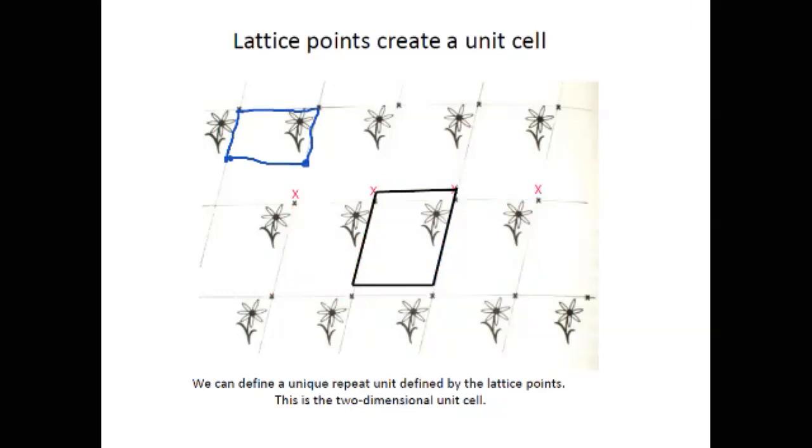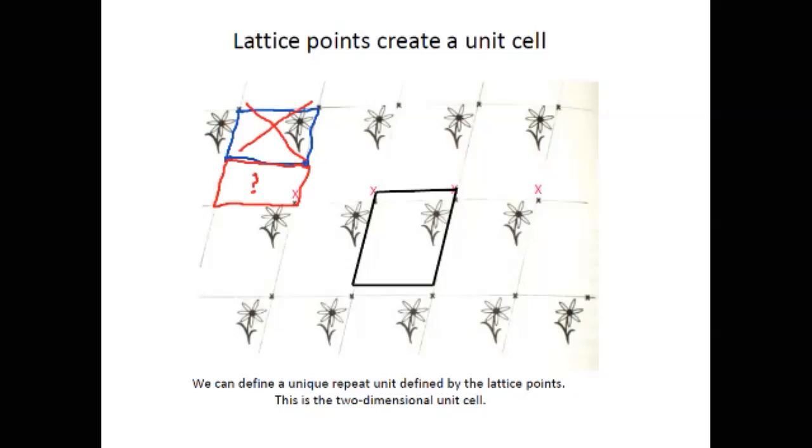But what you'll notice is, when we go down and we connect, the new unit cell doesn't have the exact same components as the original unit cell. So that means that this unit cell cannot be a unit cell because it's not exactly repeated in 2 dimensions.